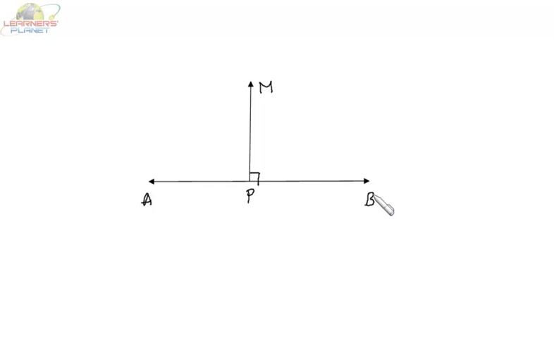We can define it: if a line segment is perpendicular to a given line segment, that means here MP is perpendicular to line AB, and it divides the given line segment into two equal parts, that means this part and this part are equal, then we can call it the perpendicular bisector of the given line segment. So here AB is perpendicular to MP and MP is bisecting this line into two equal parts. So we call it the perpendicular bisector of line segment AB.